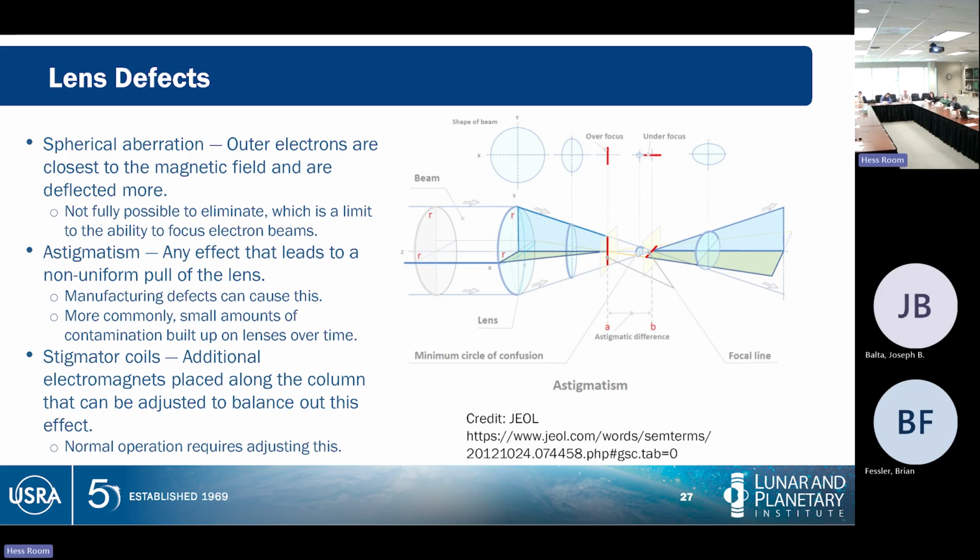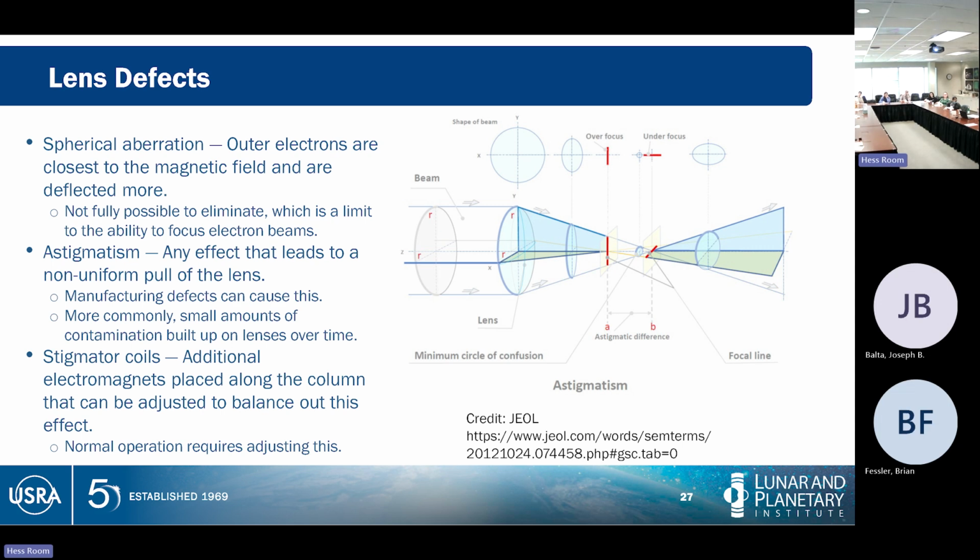So by rule, by physics, the outer portion of the beam is always going to be a little bit deflected in a weird way. This leads to a phenomenon known as spherical aberration. This is like a lens being misground. When the Hubble Space Telescope was originally unable to focus, it could not focus because its lens was misground, leading to spherical aberration.